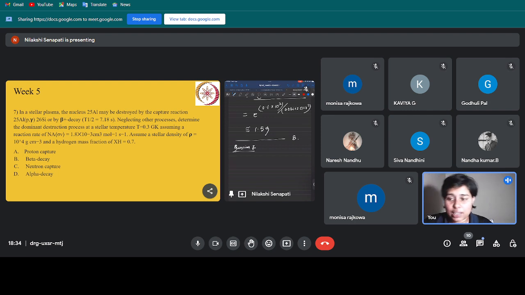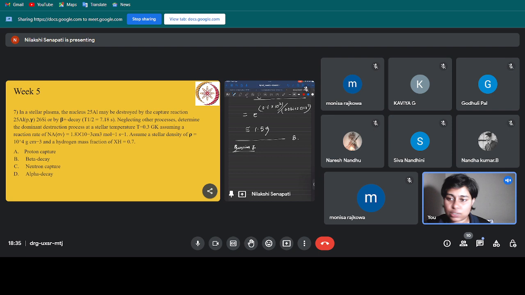Now they are asking which reaction is the more suitable one, and which reaction is happening. For that you need to calculate the mean life. If you can calculate the mean life and see which has the longer mean life, that will obviously be the actual reaction which will stand here.